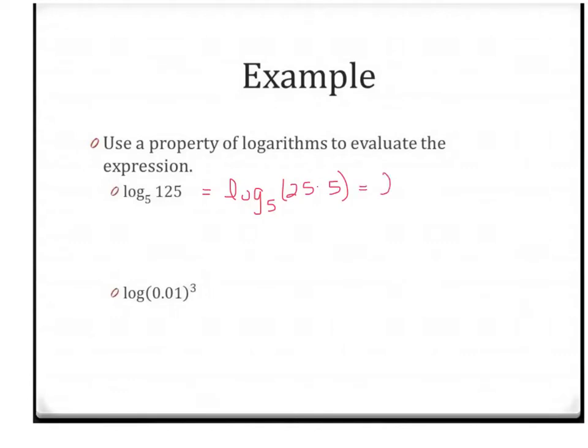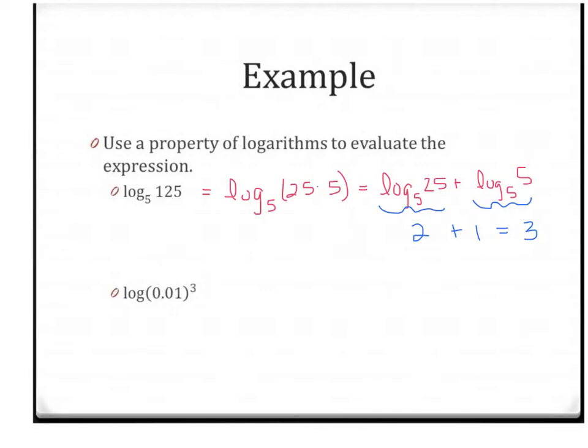Then we can split this up into log base 5 of 25 plus log base 5 of 5. From the first one, 5 to what power is 25? It's 5 squared. And the second one, 5 to what power is 5? The first power, and then we get 3.